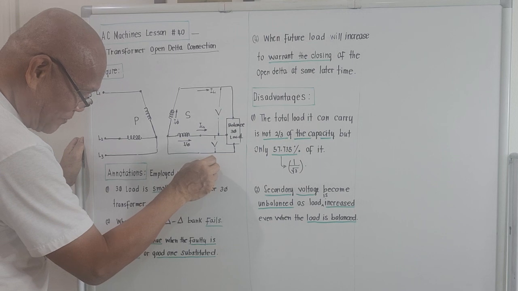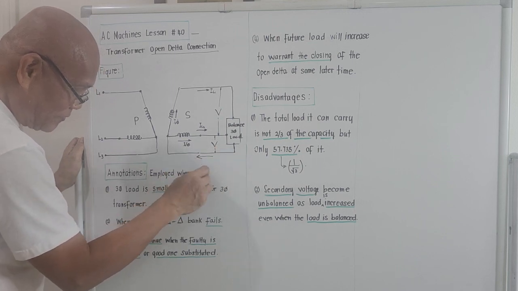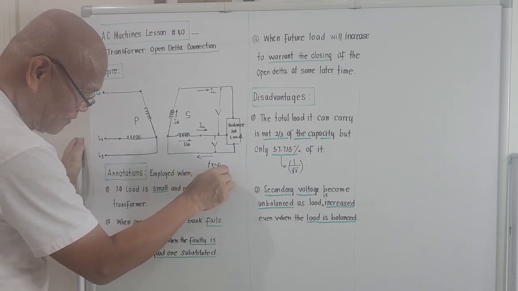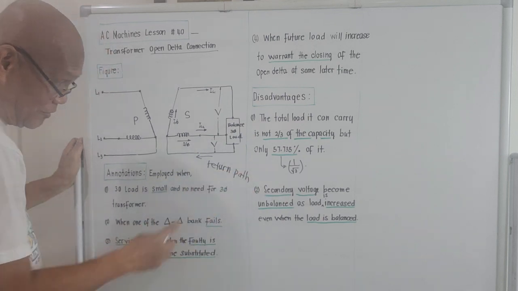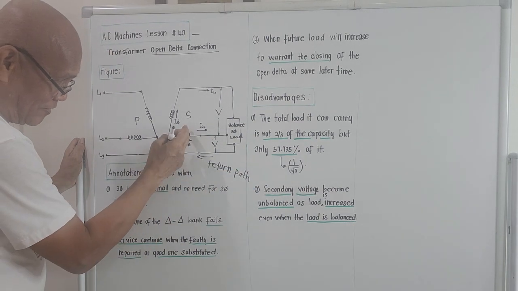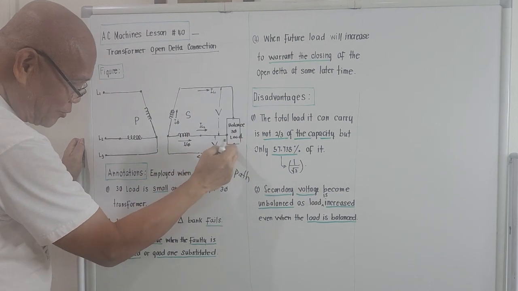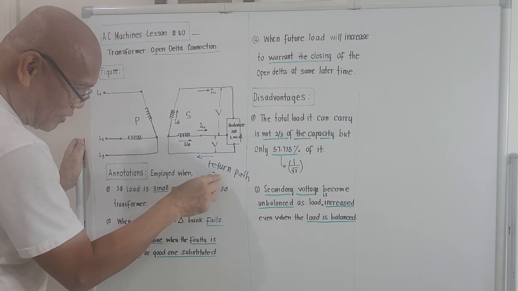So it seems the third line is actually a return path, right? You see? This will deliver current, this will deliver current, but this one here, it will not deliver. There's no winding over here. So it seems this is just a return path.